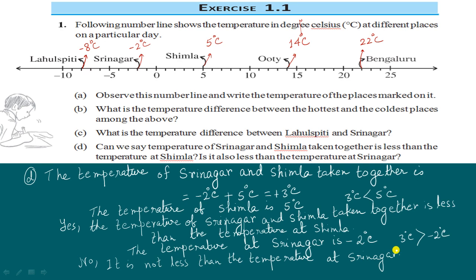Because the temperature of Srinagar and Simla taken together is 3 degrees centigrade and the temperature of Srinagar is minus 2 degrees centigrade. The question is, is it also less than the temperature at Srinagar? The answer is no, it is not less than the temperature at Srinagar because 3 degrees centigrade is greater than minus 2 degrees centigrade, right?